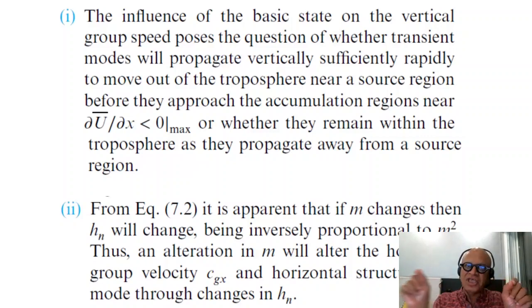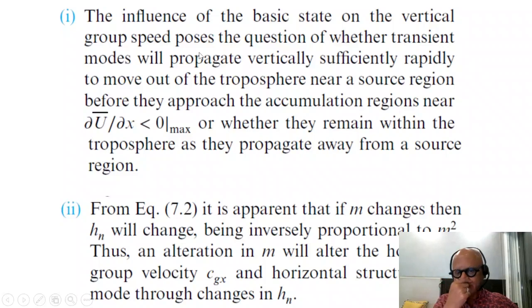So we are now combining longitudinal variation of flow field with vertical propagation and see how the two are related, or whether these vertical group speeds remain within the troposphere as they propagate away from the source region. Okay, remember we released waves from different places and looked at the impact of longitudinal variations of the basic state. Now we are trying to look at the vertical propagation and vertical accumulation.